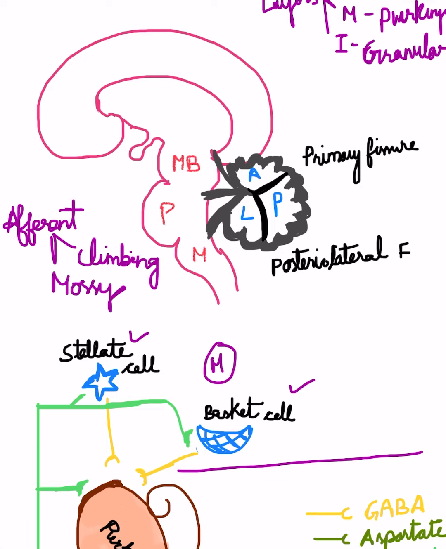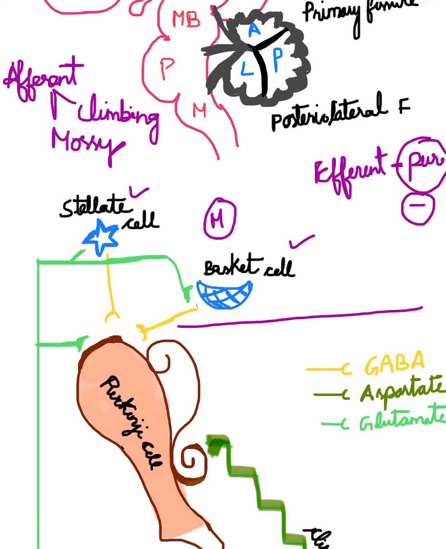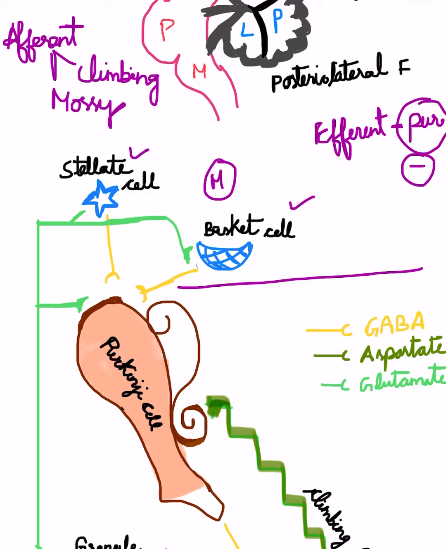These are the two afferent fibers, and we have only one efferent, only one output, that is from the Purkinje cell. That Purkinje output is inhibitory. From the cerebellum, we have only one efferent pathway, from the Purkinje cell, and it is an inhibitory pathway.